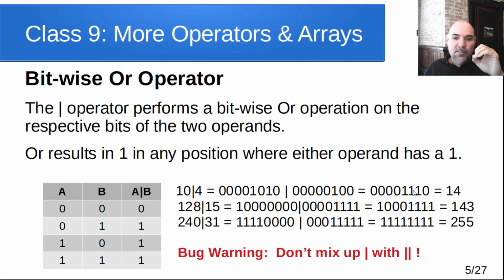Otherwise, it's 0. So remember, logical OR only cares about whether there's 0 or not, and it always outputs a 0 or a 1. Bitwise OR, though, notice it's doing it on a bit-by-bit basis, just like AND did. So notice here, we OR them together, we get 255.